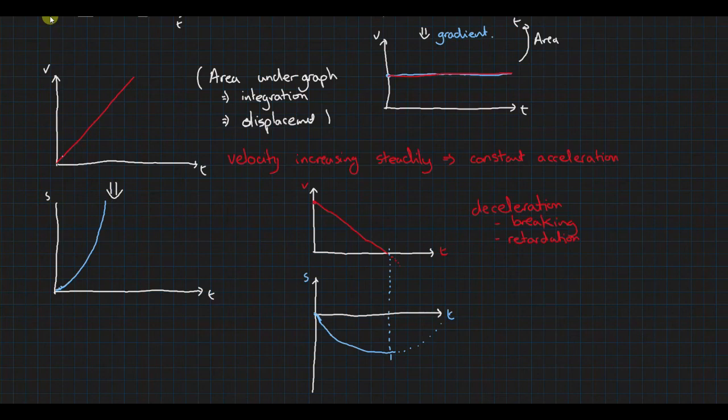Deceleration, braking or retardation leads to a decrease in velocity, and that leads to a curve going the other way. So it starts off steep, shallows out, and if the velocity goes negative, it means that the displacement is now returning towards zero.